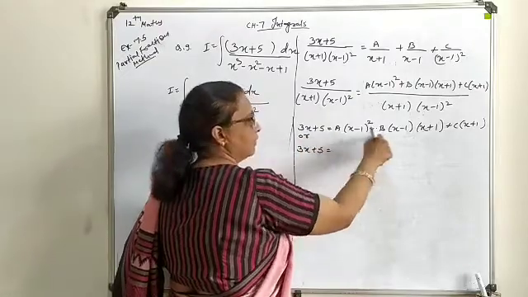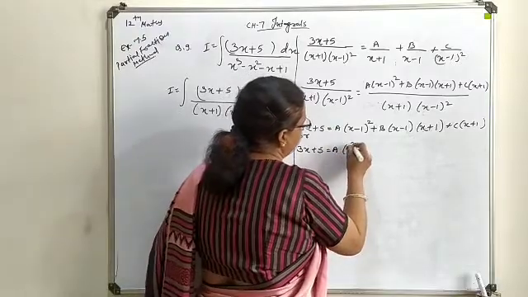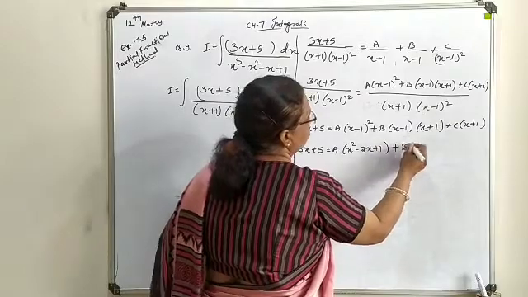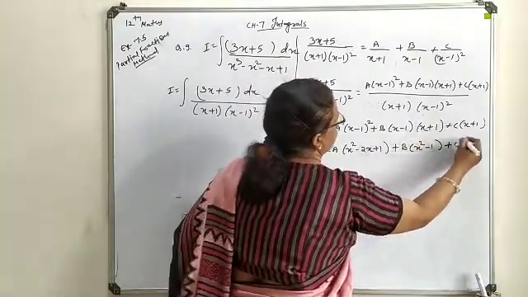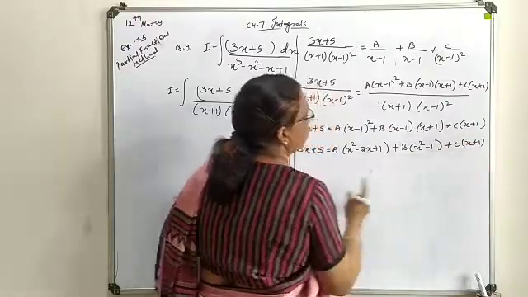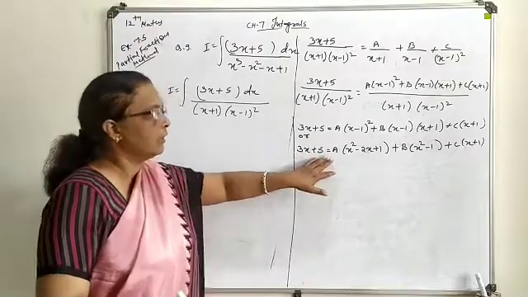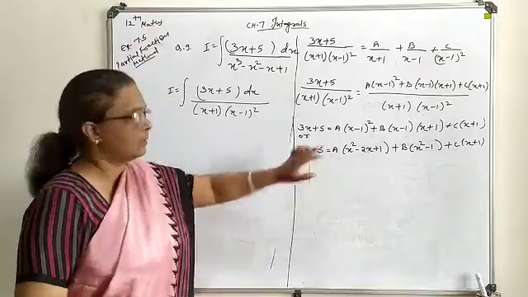So here you see this is A into x square minus 2x plus 1 plus B, this will give you x square minus 1, the last one keep as such. When you go for comparison or equating the coefficients, at that time we will refer to this equation, otherwise this is enough for handling the further situation.